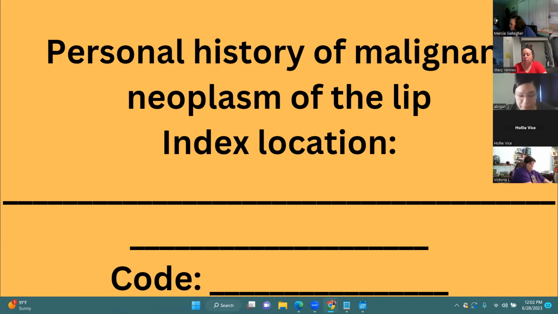For some reason on my app, it's not popping up anything when I add the history in front. I just put history of malignant neoplasm of the lip and nothing pops up. I didn't put of, I put history, malignant neoplasm of lip. Okay. Sometimes you have to leave words out, I think.